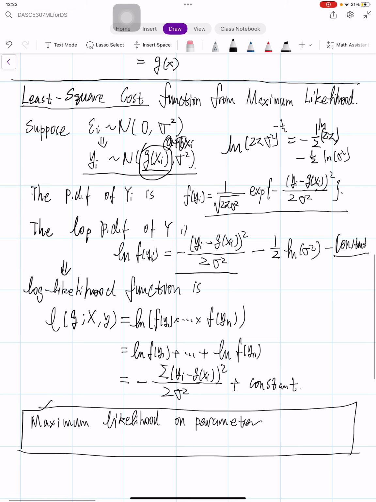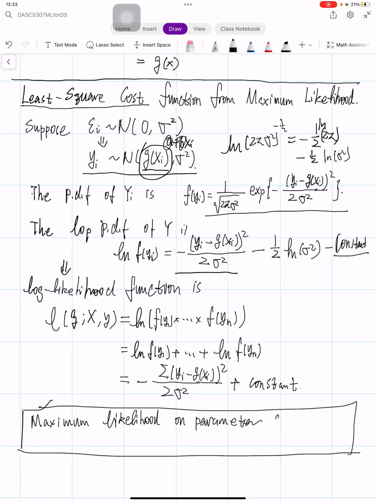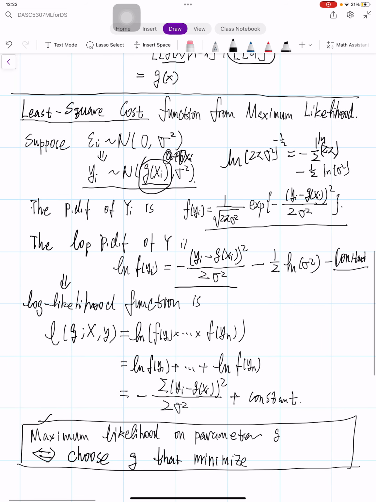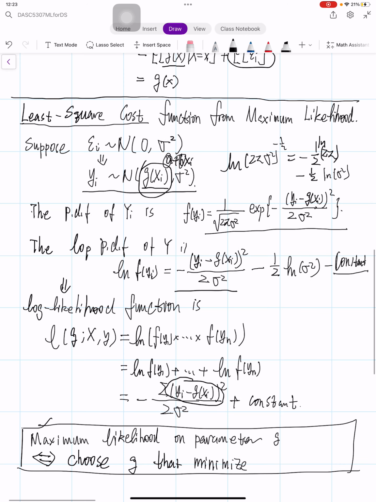Maximum likelihood estimation of g is equivalent to choosing the g that minimizes this sum of squares, (yi minus g(xi)) squared. Here yi is the observed y and g(xi) is the prediction.